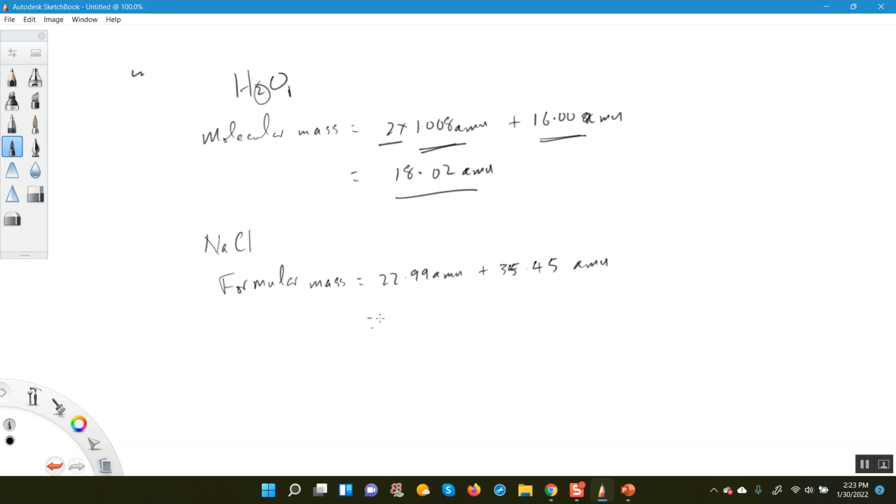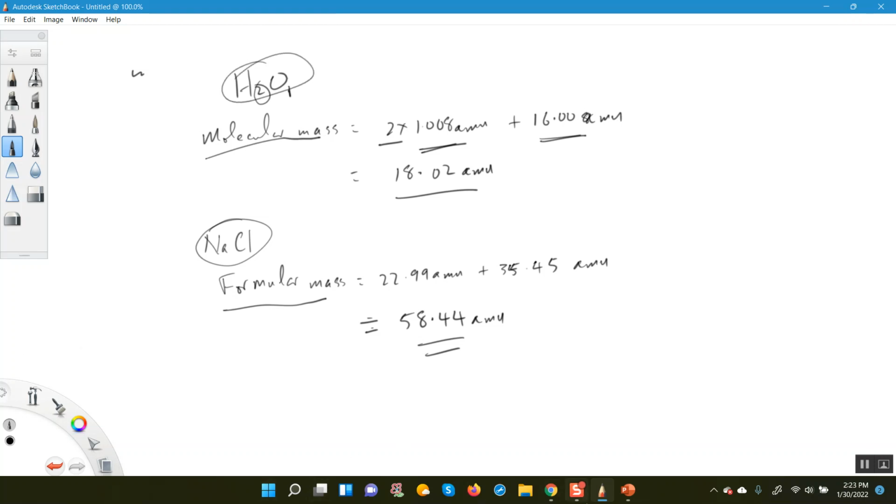We add them up: 22.99 plus 35.45, so the answer becomes 58.44 AMU. That's basically the difference between the formula mass for an ionic compound and the molecular mass for a molecular compound.